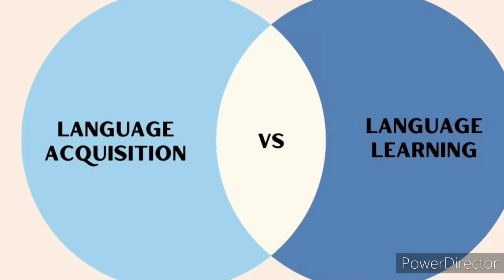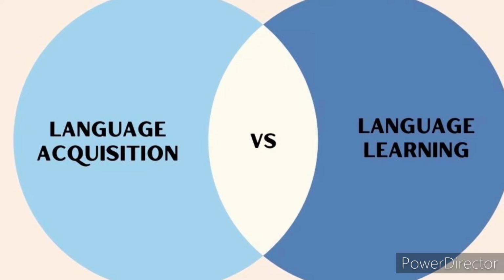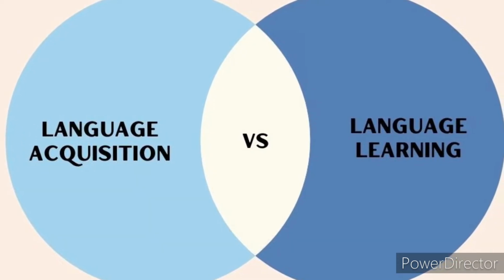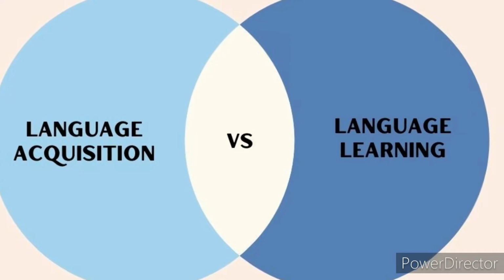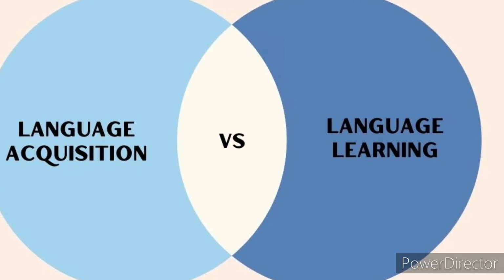Let's start discussing the first hypothesis, which is the acquisition learning. According to Krashen, there are 2 independent systems of foreign language performance. Number 1 is the language acquisition, and number 2 is the language learning.